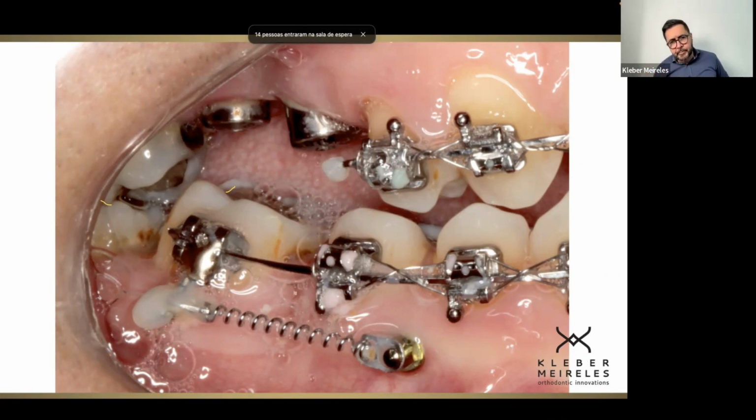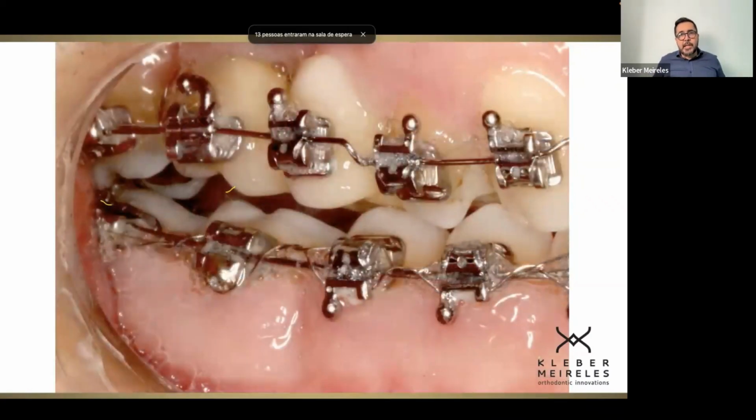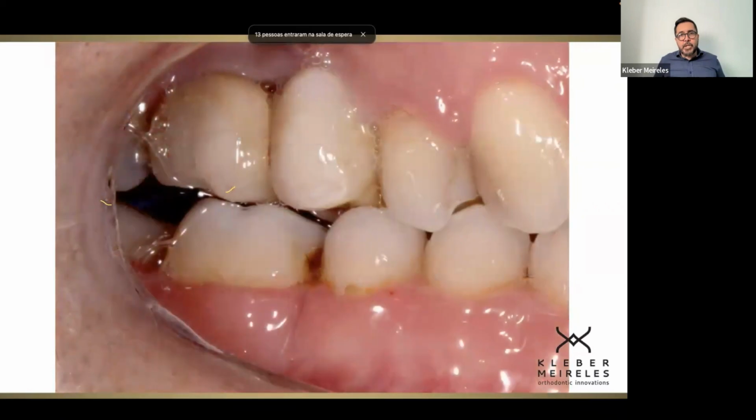What you're seeing here is at some point I'm grinding the wire. This is a 19x25 stainless steel wire ground in the posterior segment, so I decrease the friction, okay? And I'm applying the force at this height, closer to the center of resistance. And as you can see, we managed to close the remaining space.